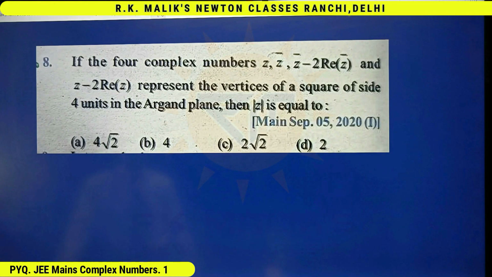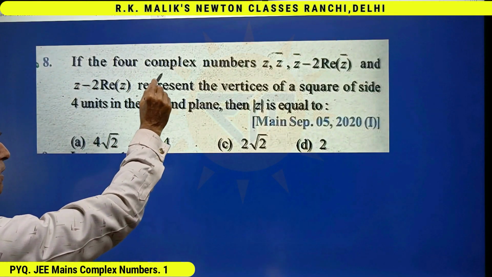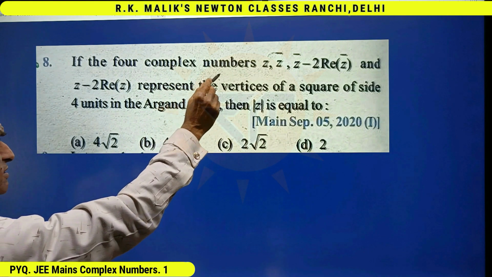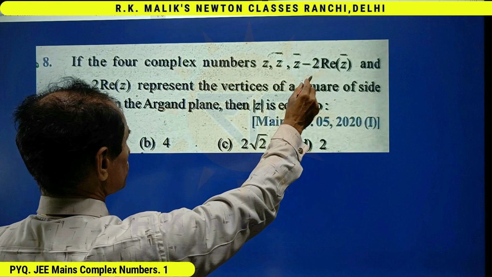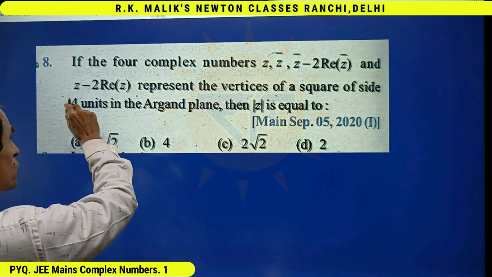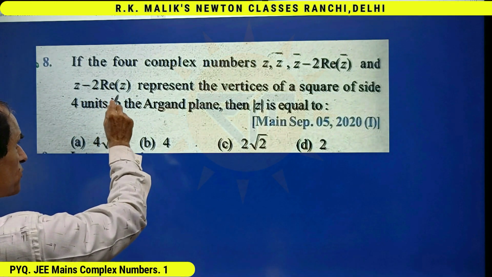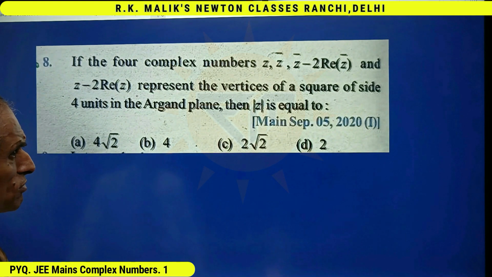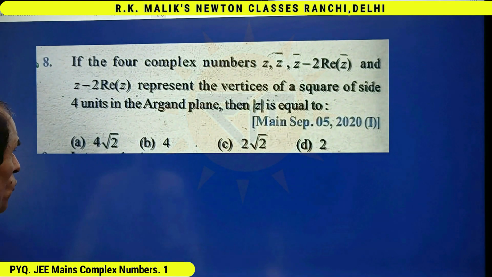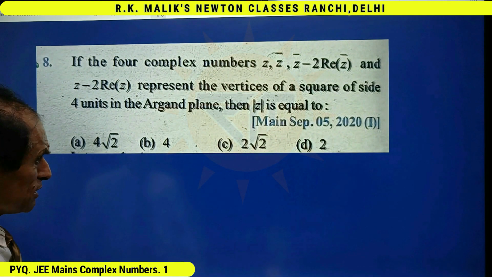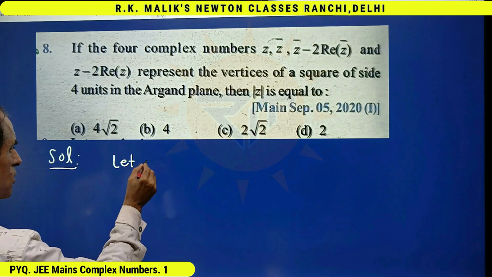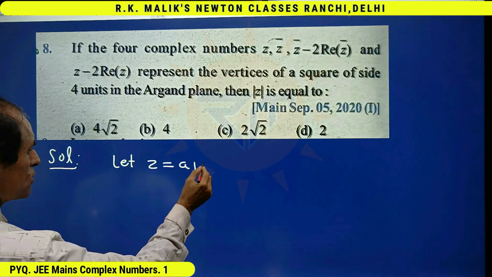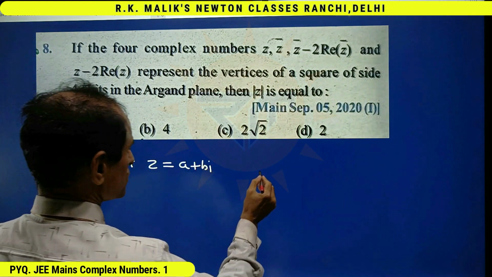In this question it is given that if the four complex numbers z, z bar minus 2 times real part of z bar, and fourth z minus 2 times real part of z represent the vertices of a square of side 4 units in the Argand plane, then mod z is equal to? Let z equal to a plus bi.